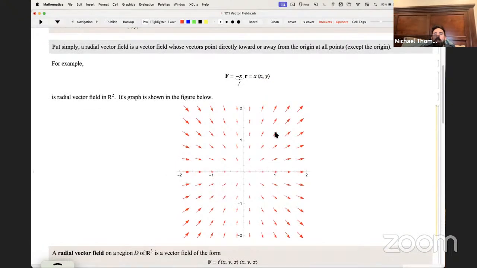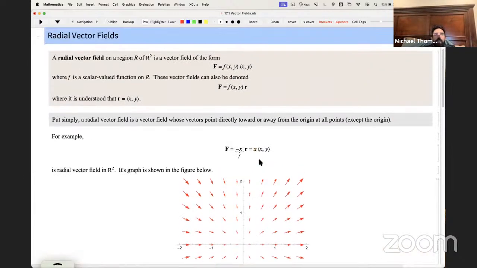Every single one of them. This one points outward. This one points inward. That one points inward. That one points outward. All of them do the same thing, and that's because we're taking scalar multiples of xy, and the scalar is a scalar function, right? It can change depending on what x value you plug in. All right, so that is a radial vector field on R2.